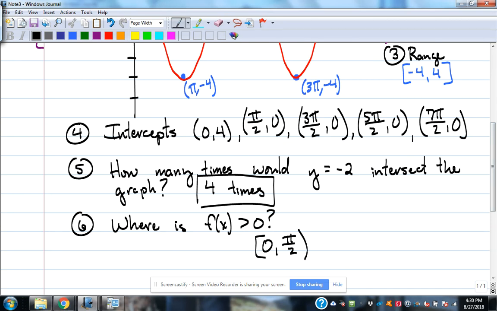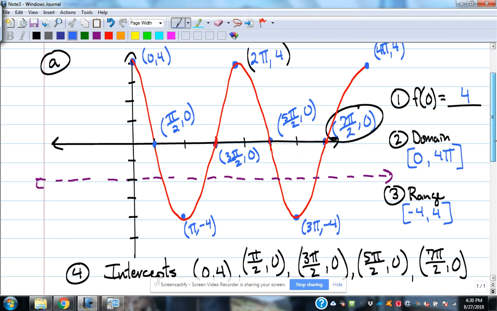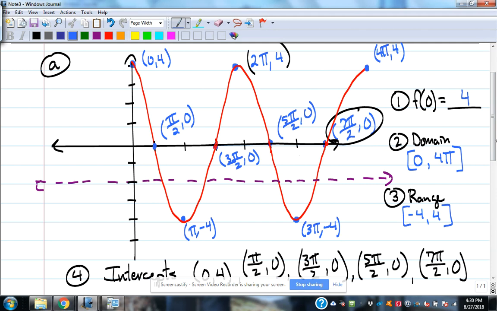Okay. Where's the next interval that the y values are greater than 0? 3 pi over 2. Is it included or not? Not. Okay. So we follow it from left to right from there. So its y values are still positive, y values are greater than 0, y values are greater than 0.